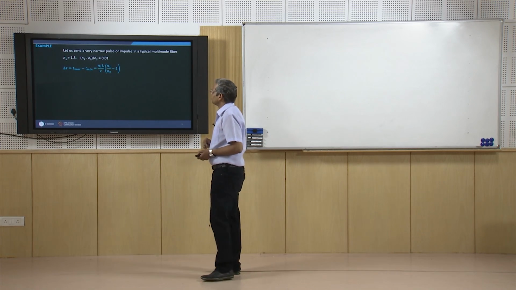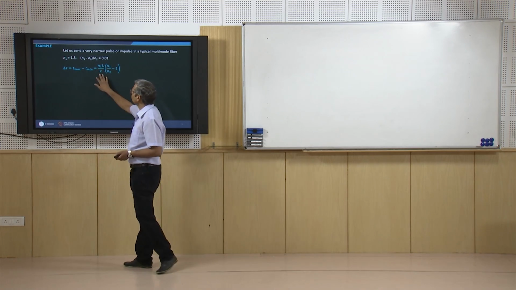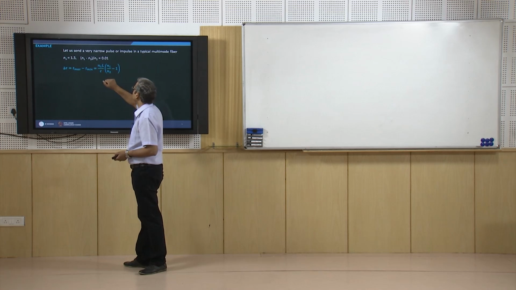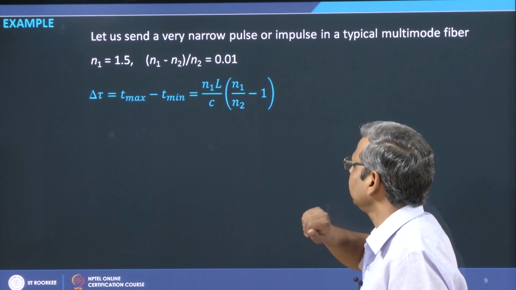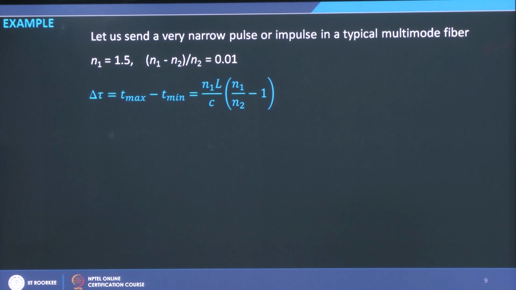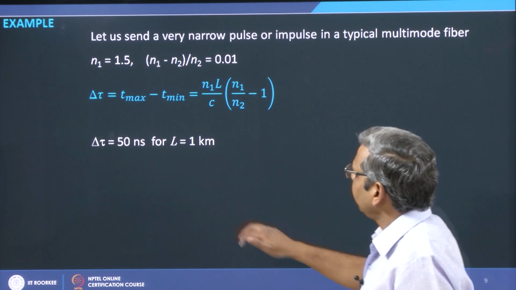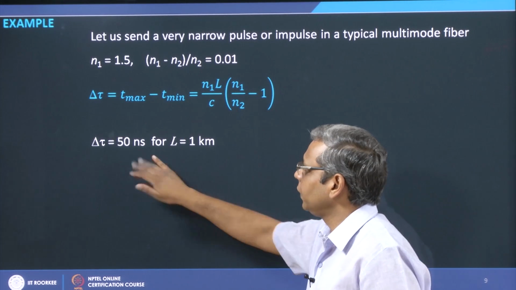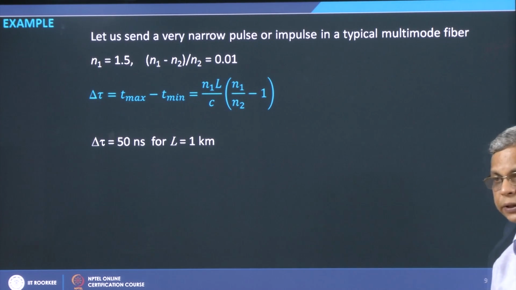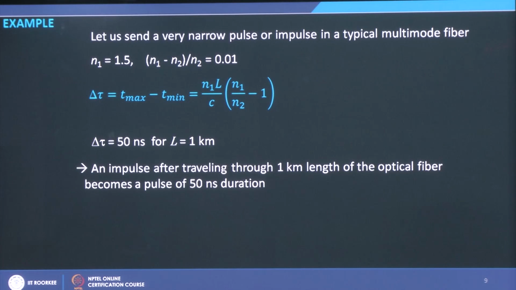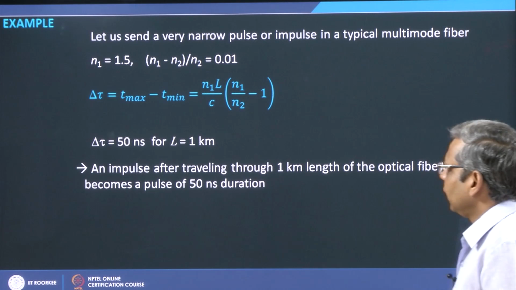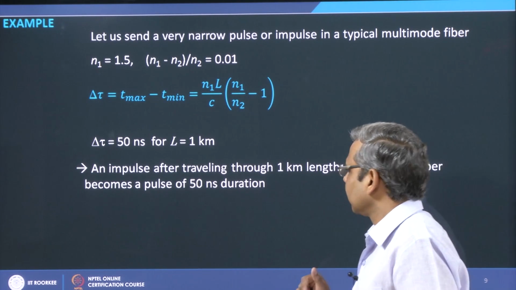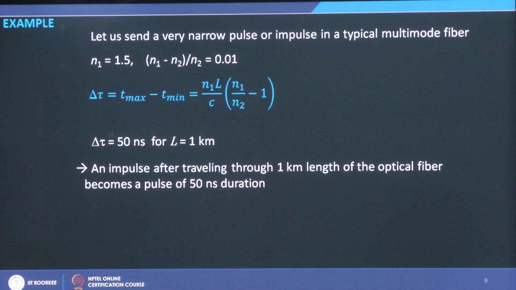So now for these values, if I calculate delta tau, which is given by N1 L by c times N1 by N2 minus 1, and let me do it for 1 kilometer length of the fiber, L equal to 1 kilometer, then I find this delta tau comes out to be 50 nanoseconds for 1 kilometer, which means that if I send an impulse, then it will become a pulse of 50 nanosecond duration after traveling through 1 kilometer length of the fiber.